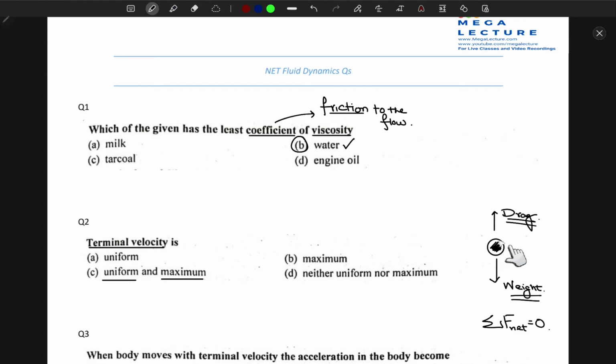So when this object falls, the maximum speed that it can have is when the force of the drag and the weight of the object become equal, right? So that speed is also called terminal velocity. Hence, it is the maximum and a constant speed. So the correct option is option C.